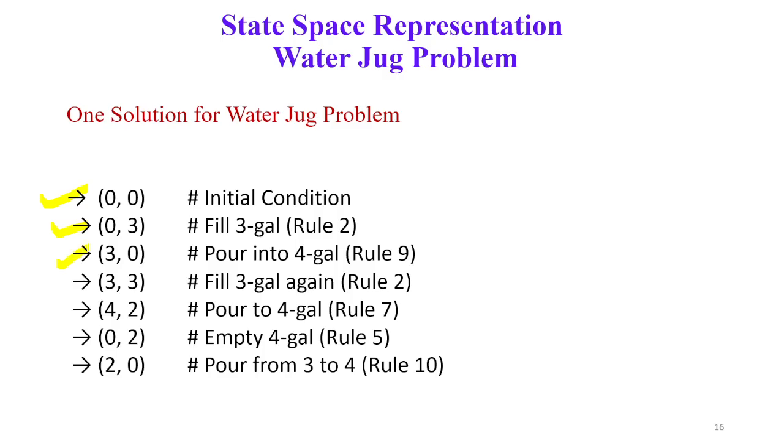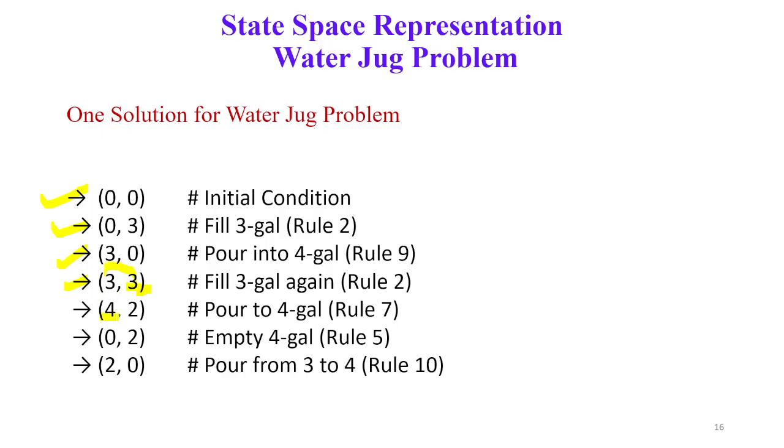Now you again fill the 3-gallon jug. Now both jugs have water. Now you pour the water from the 3-gallon jug into the 4-gallon jug.